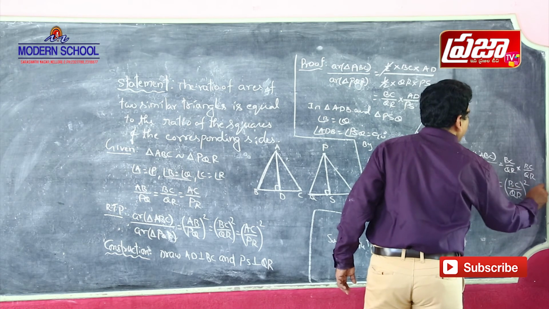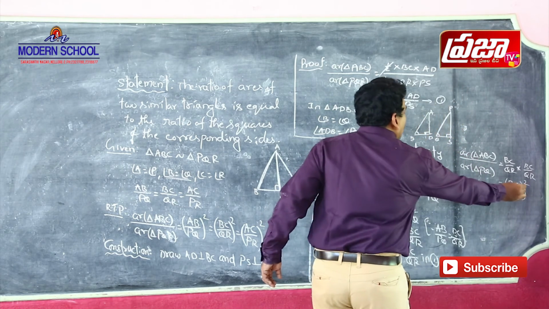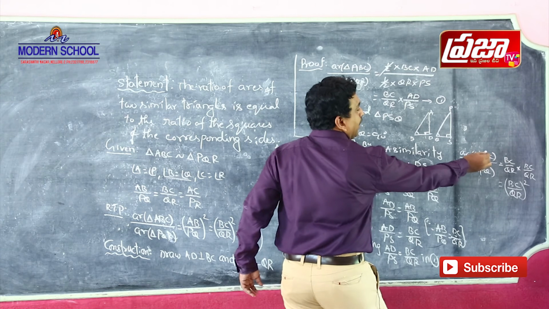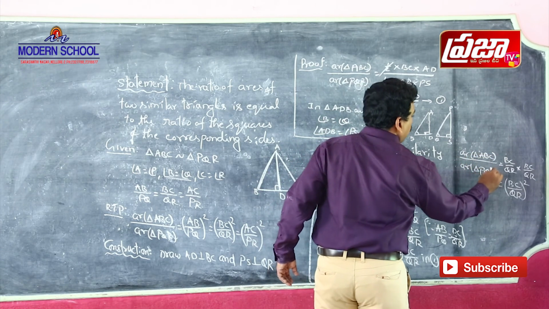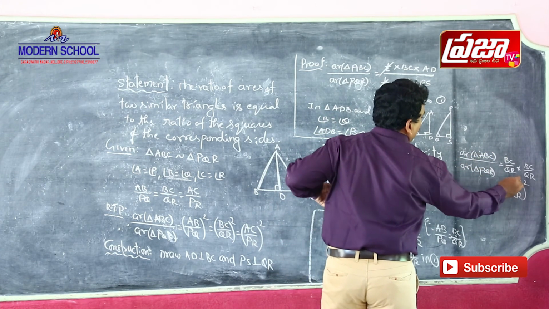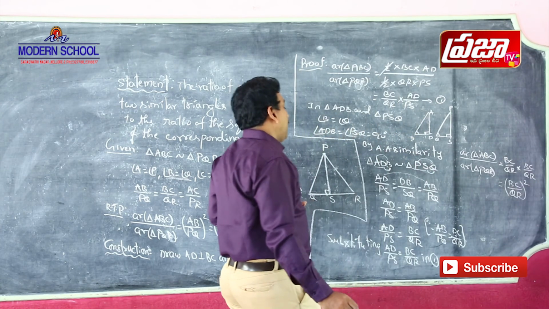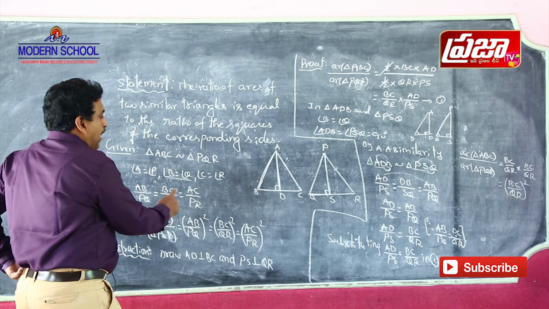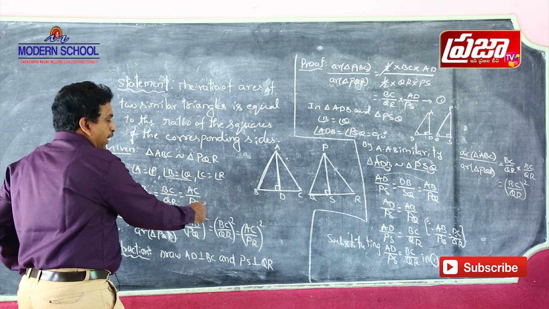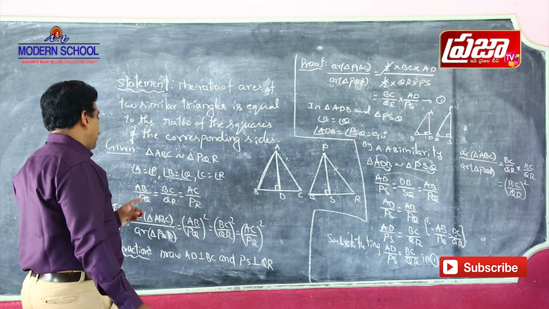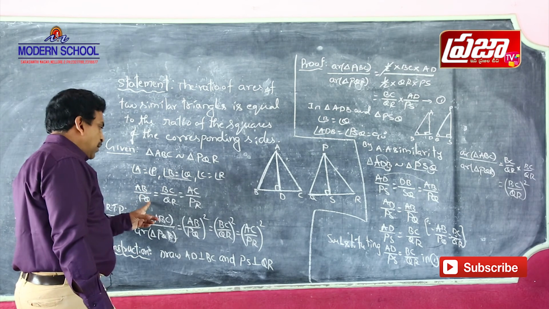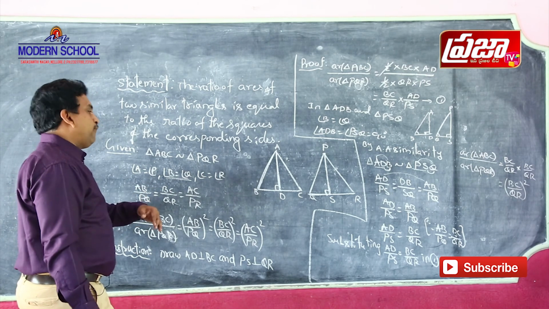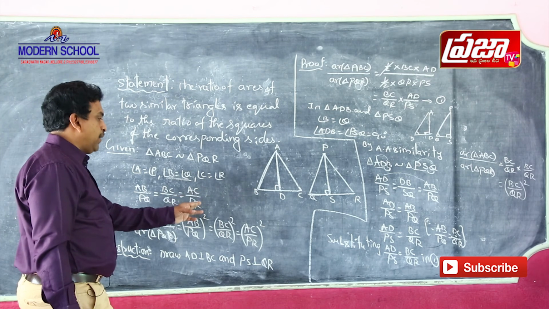Now we got area of triangle ABC by area of triangle PQR is equal to BC by QR whole square. But BC by QR is equal to AB by PQ and BC by QR is equal to AC by PR. So in place of BC by QR one time we can keep AB by PQ and one more time we can keep AC by PR.